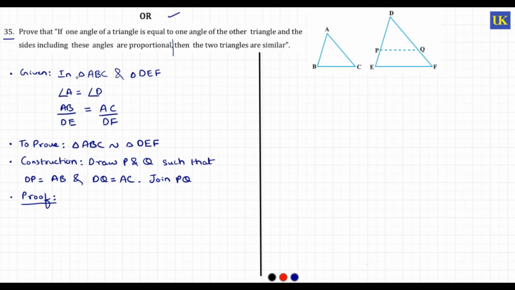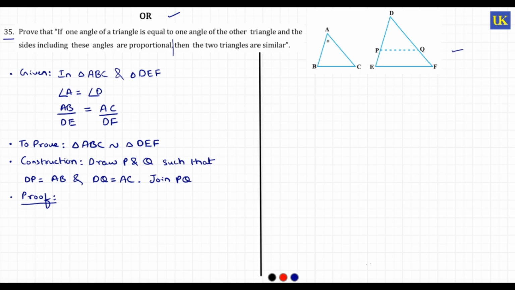So basically what is given is, there are two triangles which are given. We need to do the drawing of these diagrams. We need to draw one triangle ABC and a little bit bigger triangle DEF. And here one angle and the other angle in both the triangles are equal.